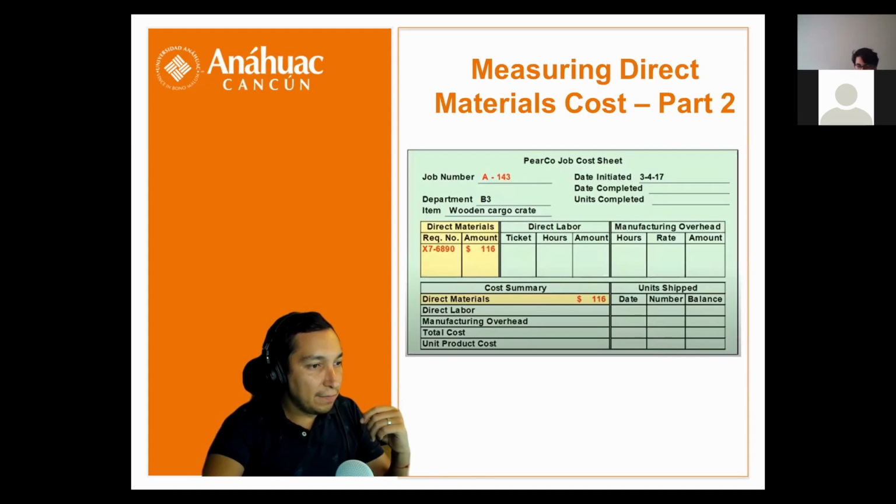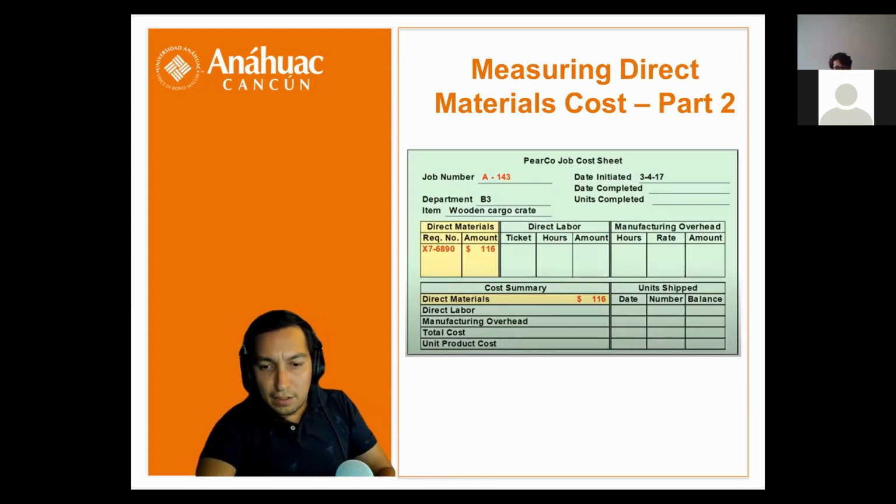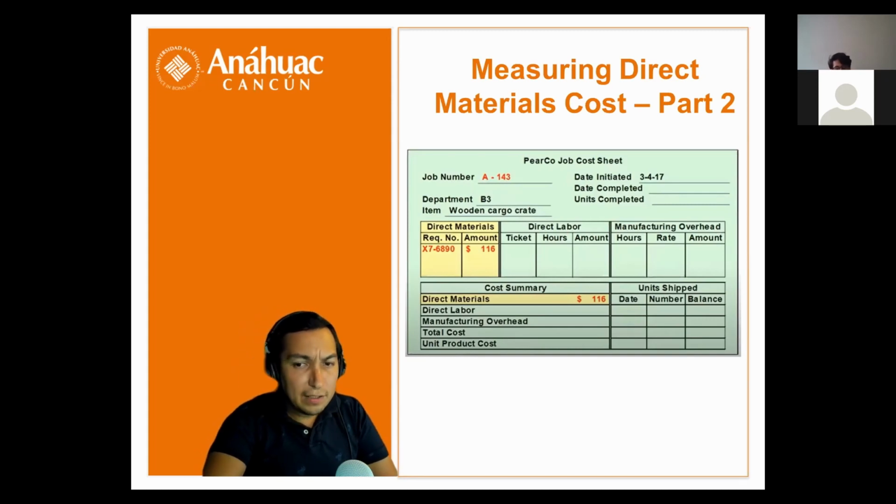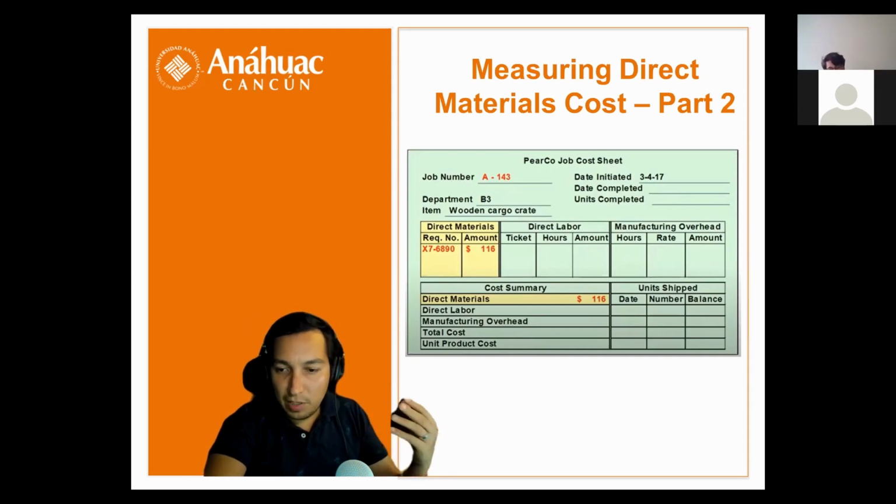In here you have the $116 on the job cost sheet for direct materials. So we've tied our materials sheet with our job cost sheet. We're tying our documents, whether paper or in a computerized system, together to create supporting evidence of what we're doing.